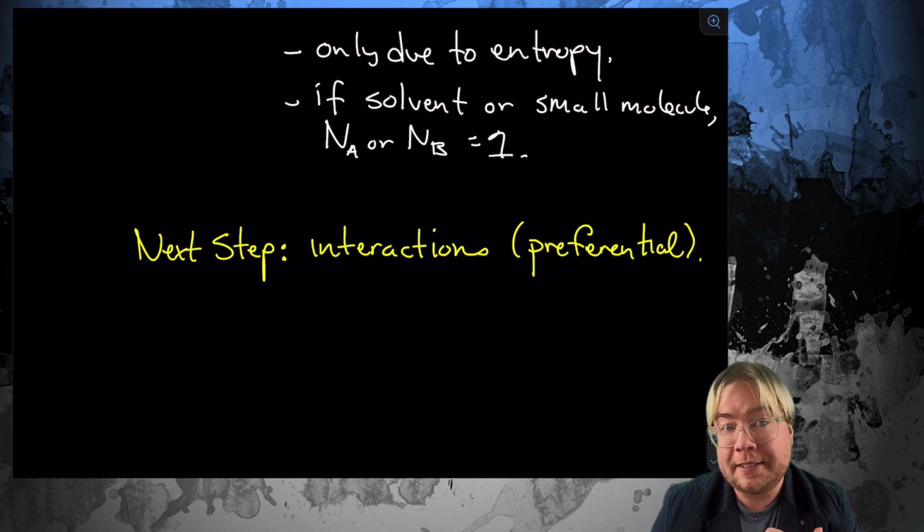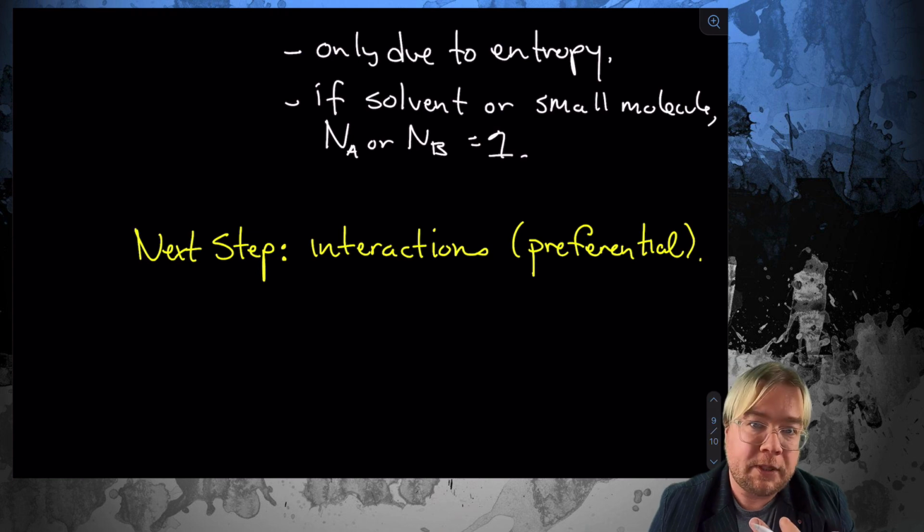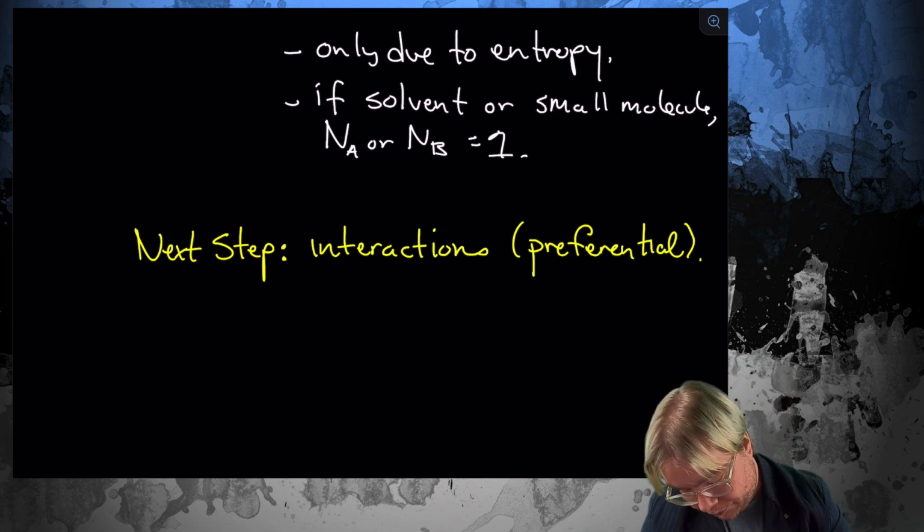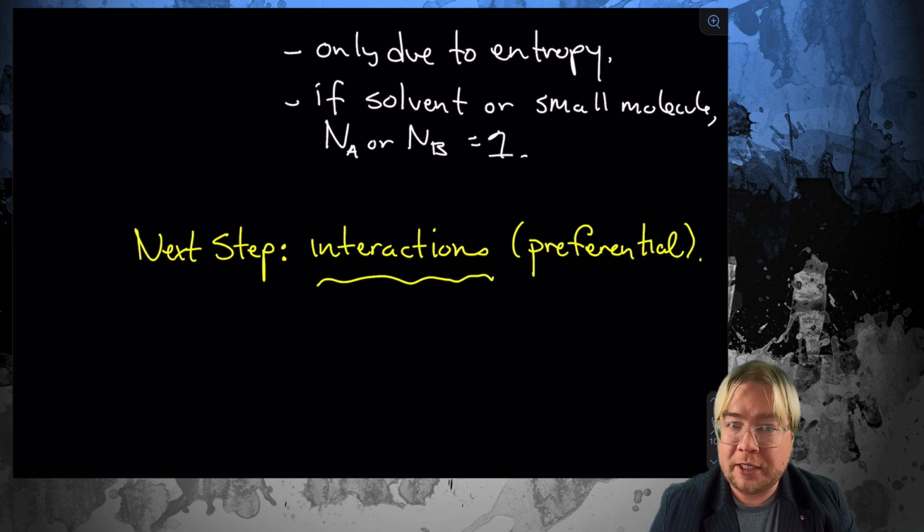It complicates things, but it also gets much more interesting, and it provides us with ideas of strategies to get things to mix together. One example of that was the tri-block copolymer I showed you. So we will talk about that, but we really have to just develop this formalism first so that we have an expression that we can utilize to predict whether things will mix together or whether they won't.